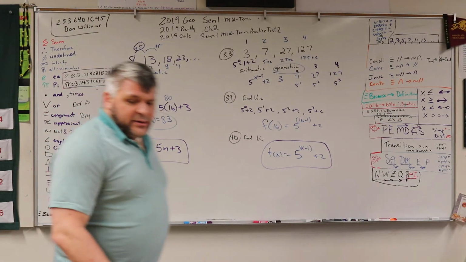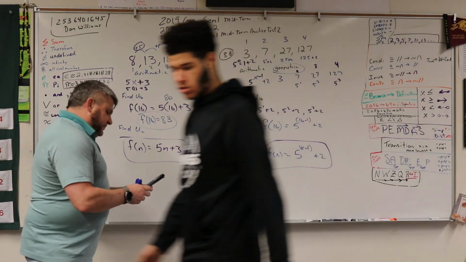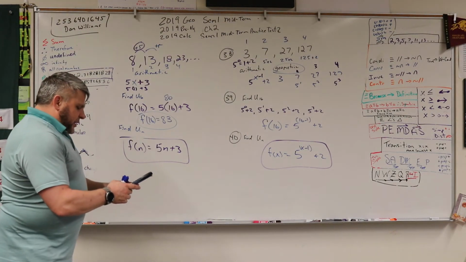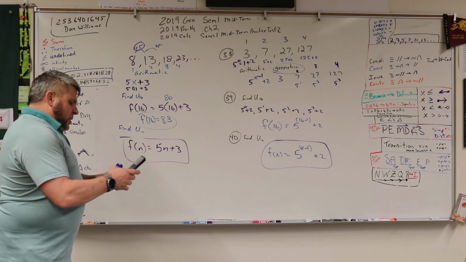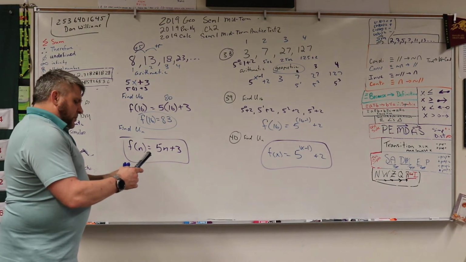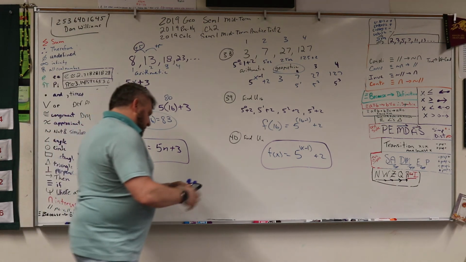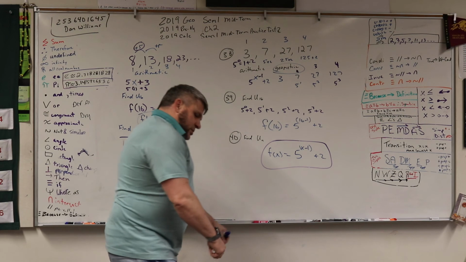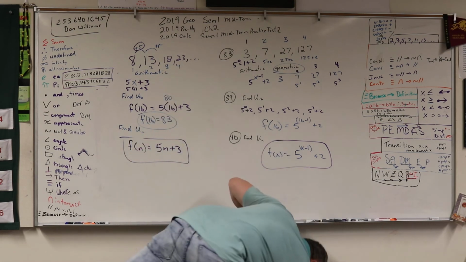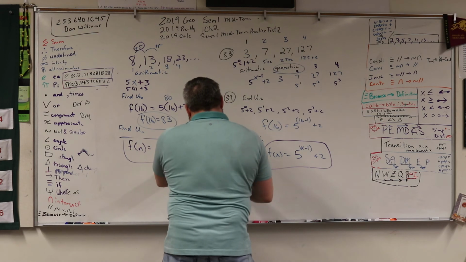So big that our calculators actually don't get an accurate feel for it. But 5 to the 15 plus 2 is... oops, that didn't work out. Oh, it's still there. Okay. Hopefully.